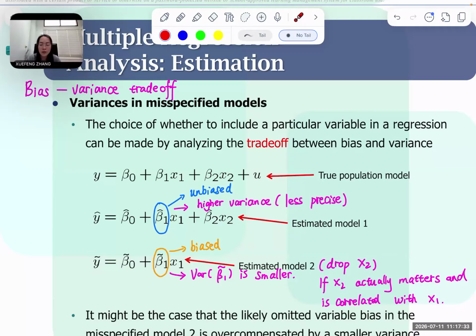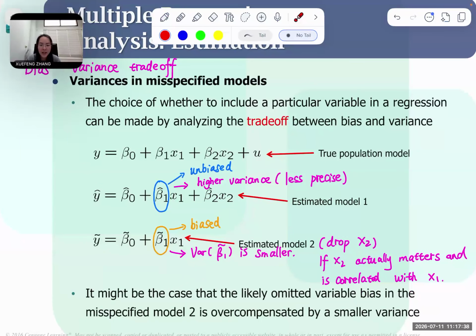There's no universal answer for which model is better.